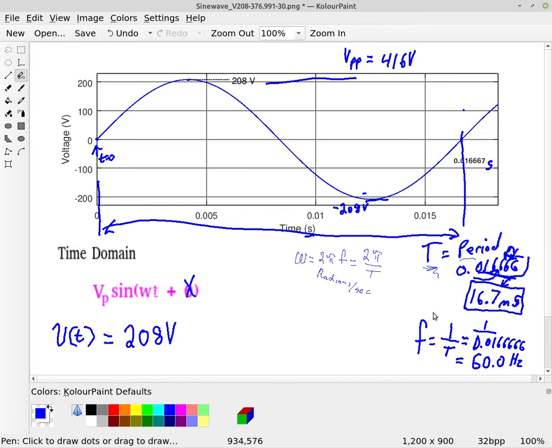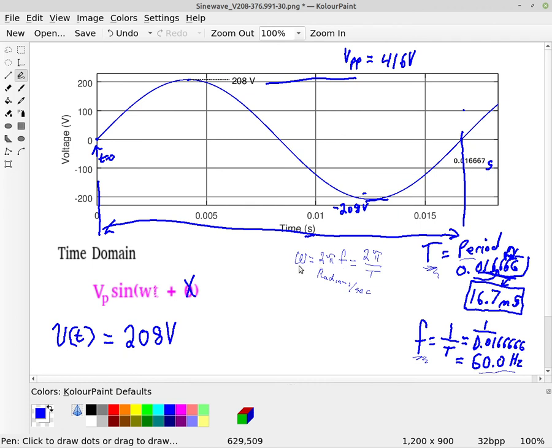Or we can look at how many times it's going to repeat that cycle in 1 second. In this case, the frequency is cycles per second, or how many times it's going to complete a full cycle within a second. So it's going to do 60 complete cycles in 1 second.